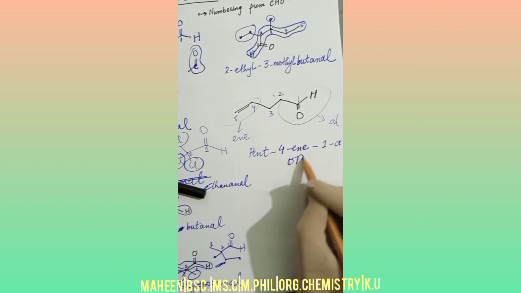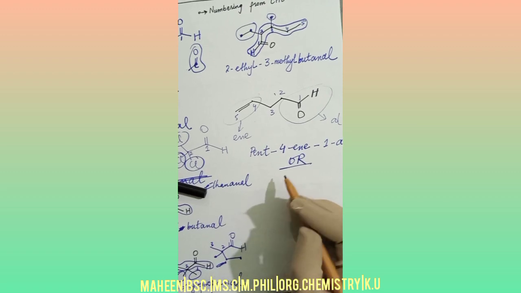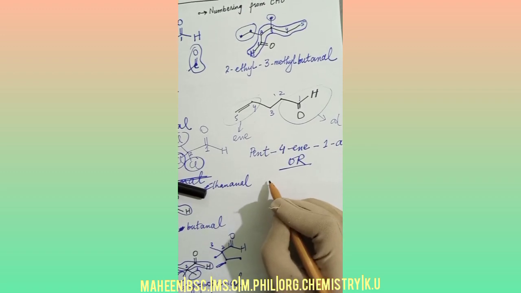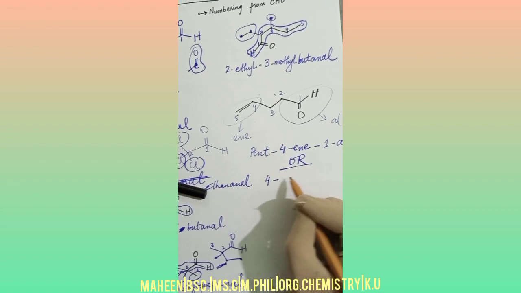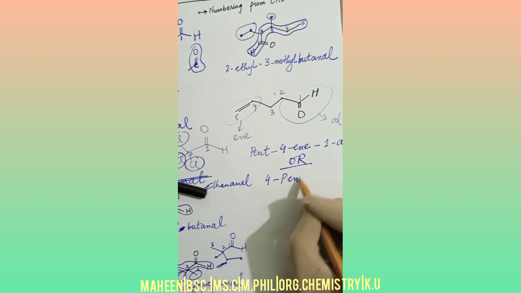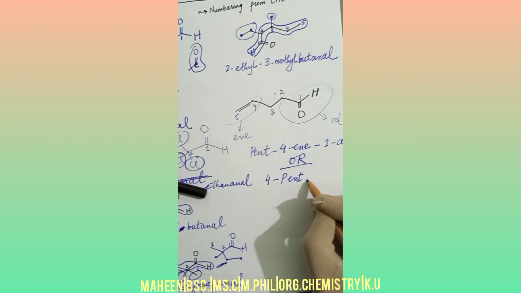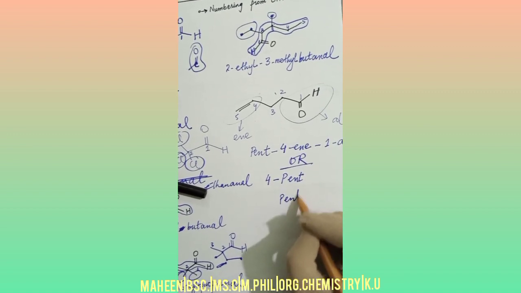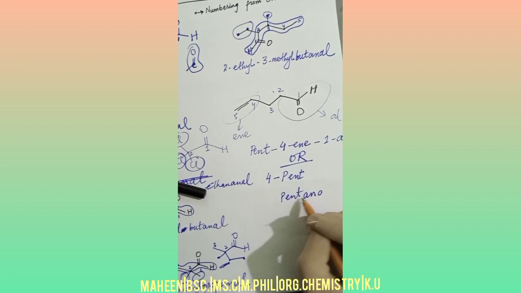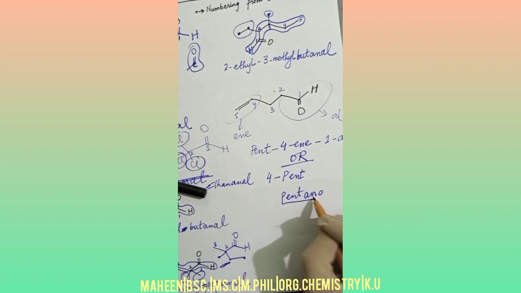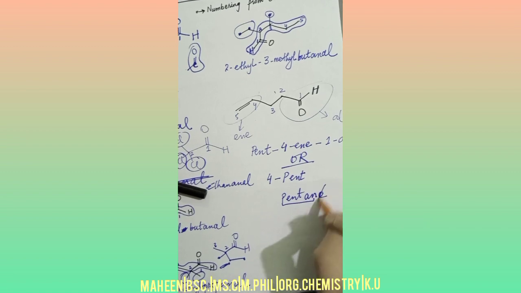There's another method, like 4 pent. I will not use pentane. No. Usually we do this now, that we write the whole name and exclude only E from pentane.